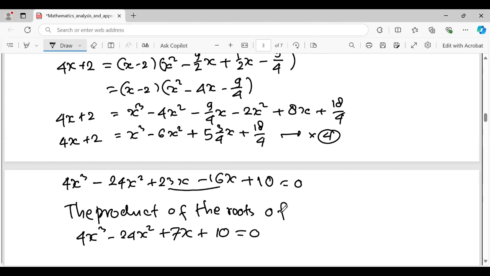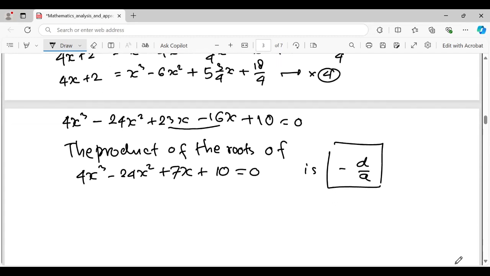The product of the roots of this equation is minus d over a. This is the formula if the equation is a cubic equation, with the higher power being 3.